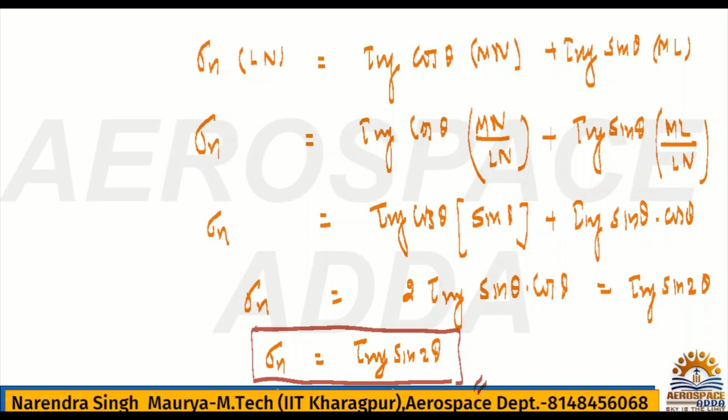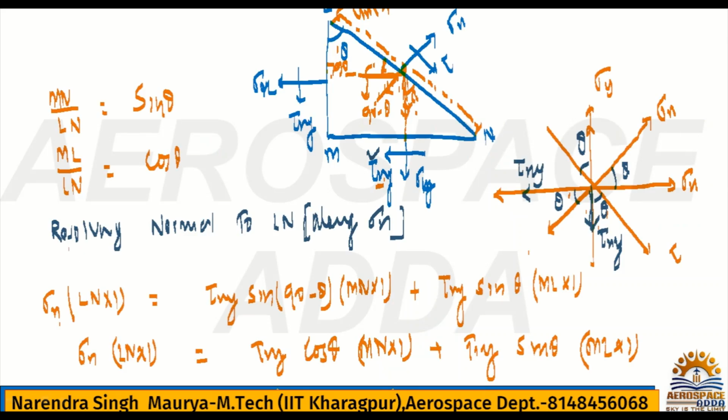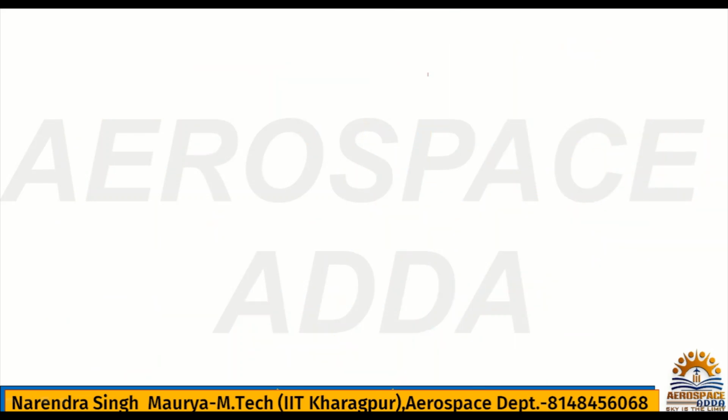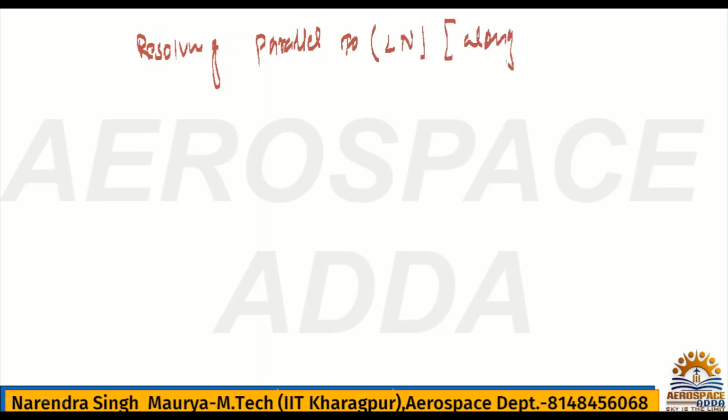Similarly, we have to write for the tau also. So how to write tau? Like here you have written resolving normal to ln, now you have to write resolving parallel to ln. So tau will come. I will write here resolving parallel to ln, or you can say along tau.